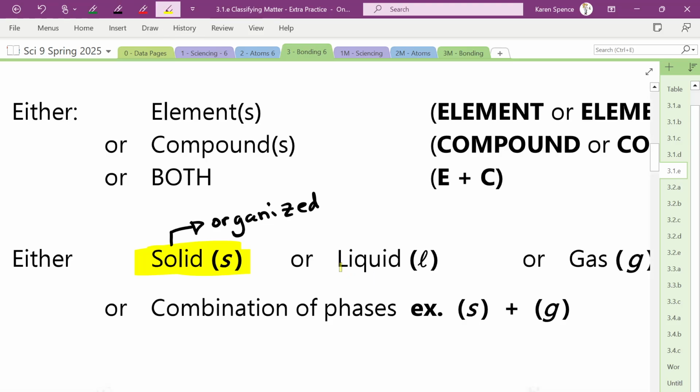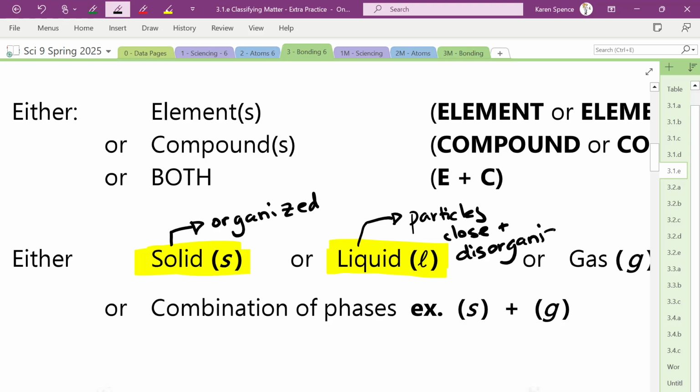If it is a liquid, the particles will be close together and disorganized. And the other thing about a liquid, how can you tell a liquid from a gas when the picture's kind of lousy?